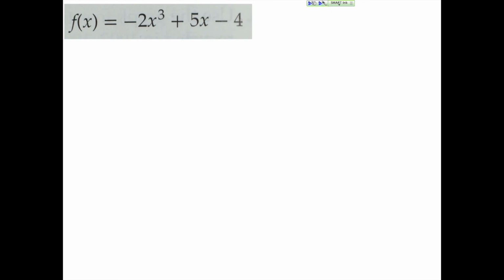Okay, f of x equals negative 2x cubed plus 5x minus 4. Okay, when I'm doing even and odd, which one do we want to check first? We want to check if it's even, and how do I check if it's even? Plug in opposite x values, and we'll plug in 1 and negative 1. So this is going to give me negative 2 and 5, which is 3, and 3 minus 4 is negative 1.